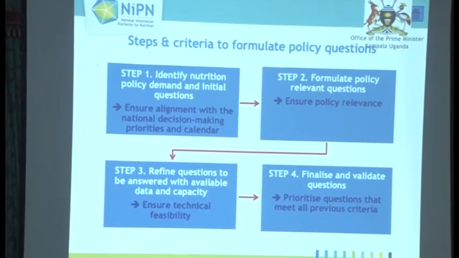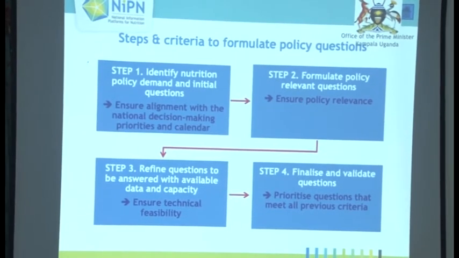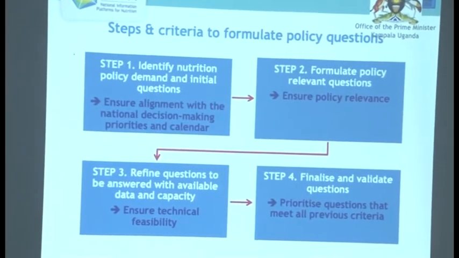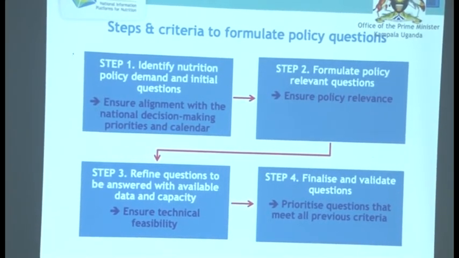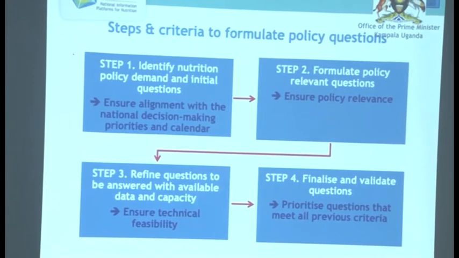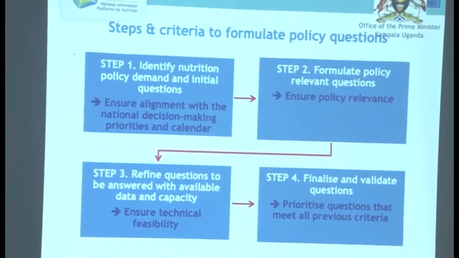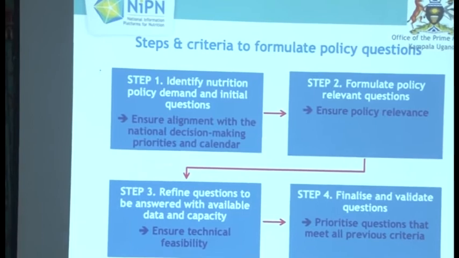Within our sectors, the process of formulating policy questions is as simple as this. Identify nutrition policy demand and initial questions or initial issues. That is step one. But in that, we have to ensure these are aligned with the national decision-making priorities and calendar.